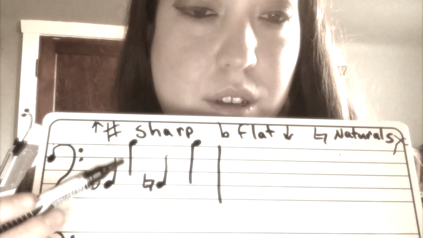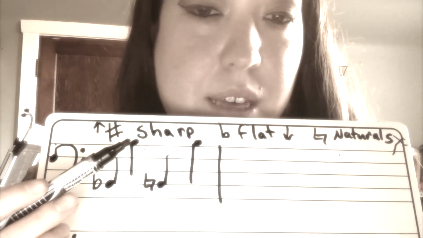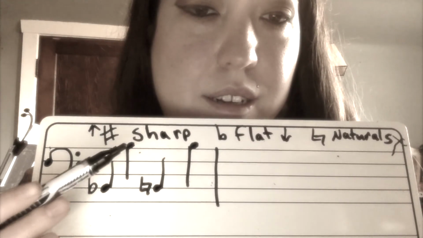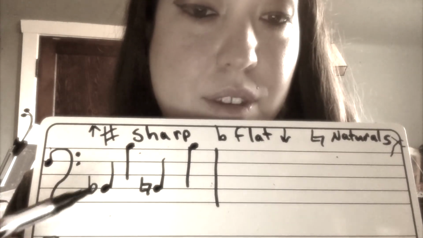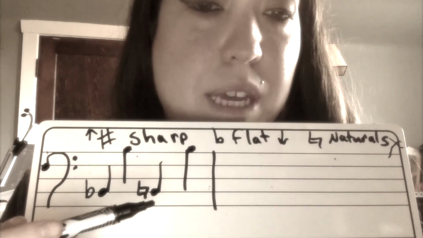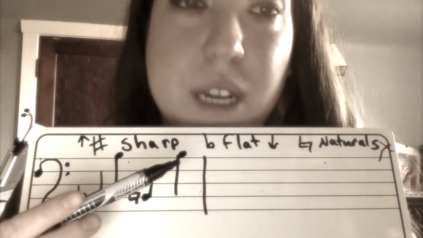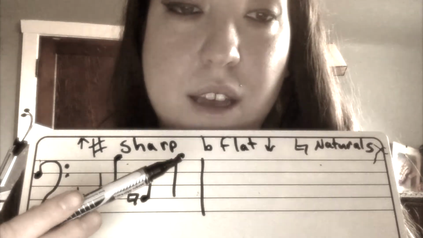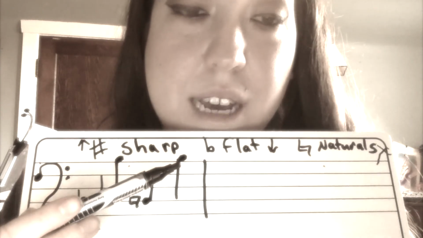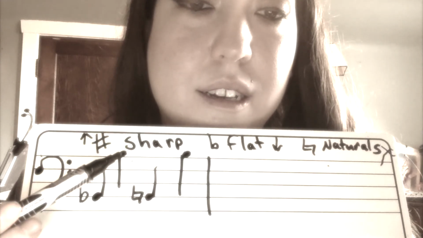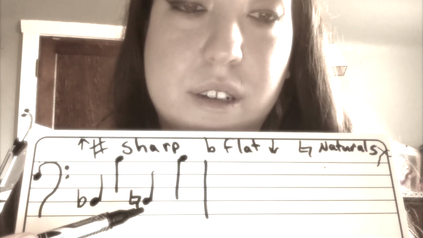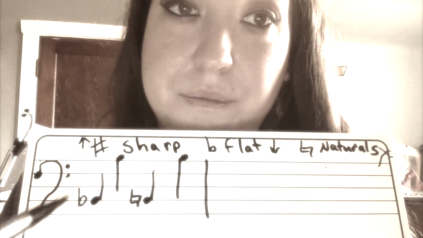Grizzly bears don't fly airplanes. A, B, B flat, because there's no new information and it's the same name, so it's still flat. B natural, B natural. So these two look the same, but this one's flat and this one's natural because of the information that it's following. B flat, still B flat. B natural, still B natural.